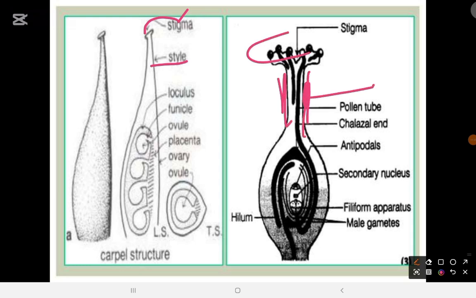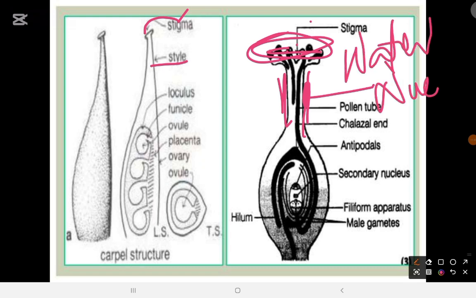You see the stigma accepting pollen grains, because it contains sticky substances, and those sticky fluids help the pollen grain to stick to its surface. As the pollen grain sticks, it absorbs water and nutrients from the surface.